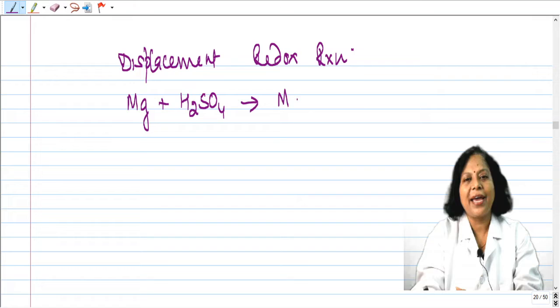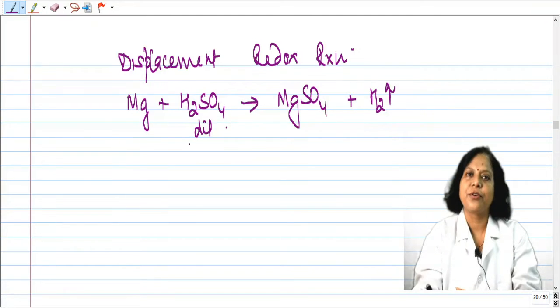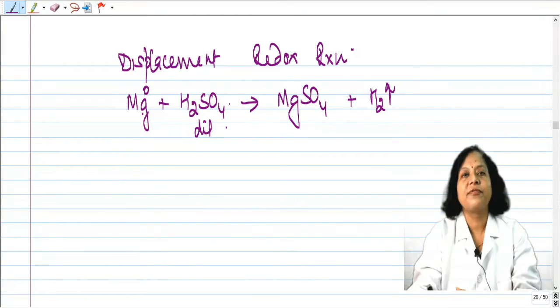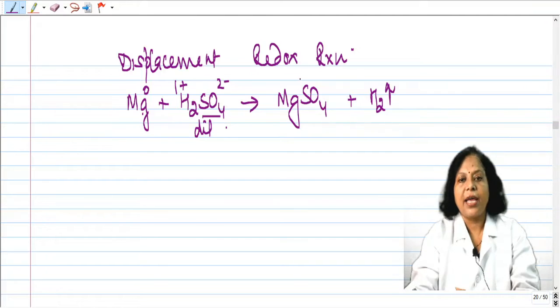What will you get? You will get MgSO4 plus hydrogen. This acid is dilute. Over here hydrogen is in +1 state, and sulfate we take as a whole as 2 minus. Again over here sulfate is 2 minus, magnesium +2 and hydrogen in 0 state.